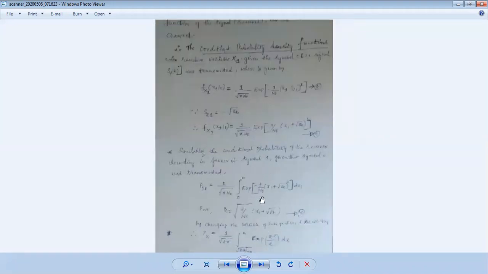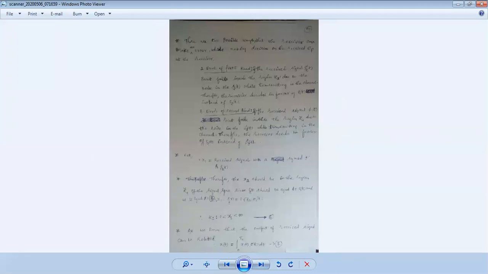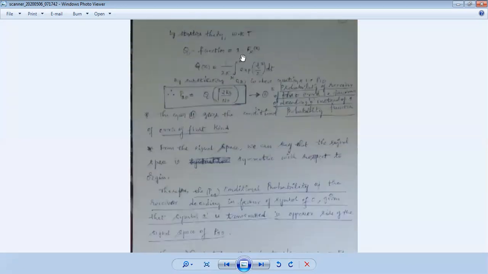When I put this across, I get the probability density function of deciding 1 even though 0 was transmitted, which is given by this. Just putting across, by statistics theory, the quality function Q of x is 1 minus F of x. Just substituting into the previous equation, that is this equation.